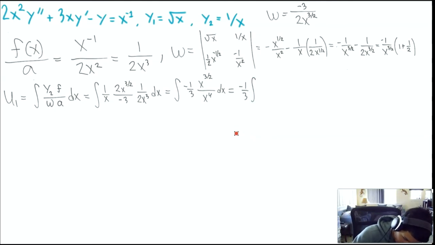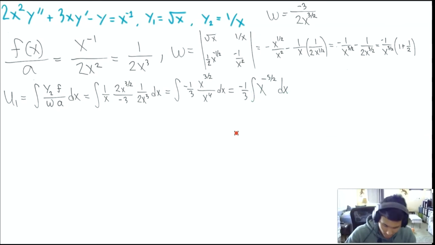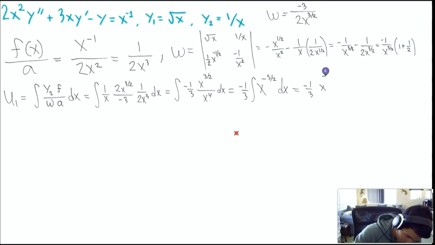So it is equal to negative 1 over 3 integral x to the negative 5 over 2 dx. And now we can integrate. Negative 1/3, and we add 1 to negative 5 over 2, which would be negative 5 plus 2 divided by 2, which would be negative 3 over 2, divided by negative 3 over 2.